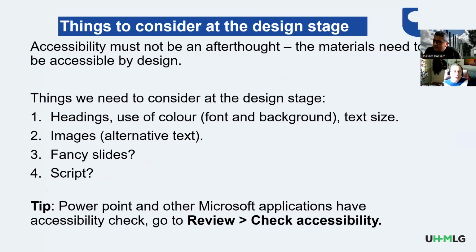Things you need to consider when you begin the design process. First of all, headings. The use of headings is really important. As Hossam says, I'm fairly new to the accessibility area. So when I started, one of the first things I did was a WebAIM course.